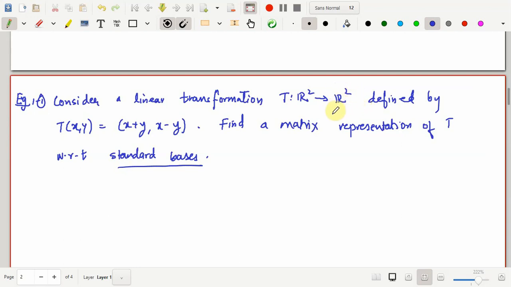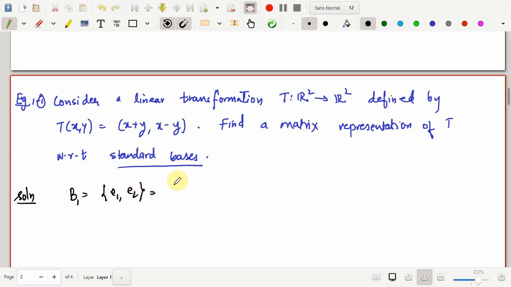Now in both cases, the domain and the codomain is the vector space R2 with respect to its standard operations. And we all know that the standard basis is simply e1 and e2. So in this case B1, the standard basis, is e1 comma e2, and this is the same as your B2 as well.